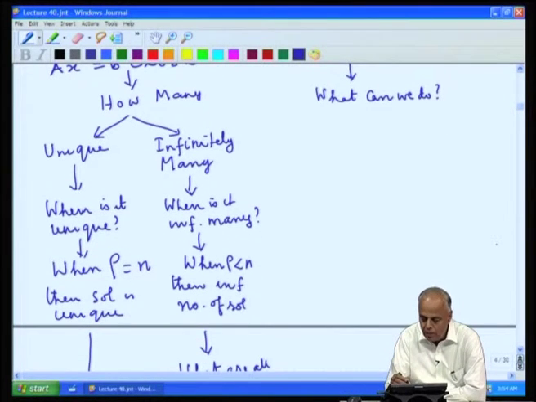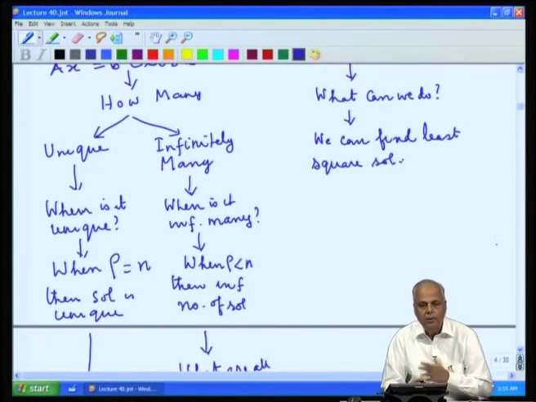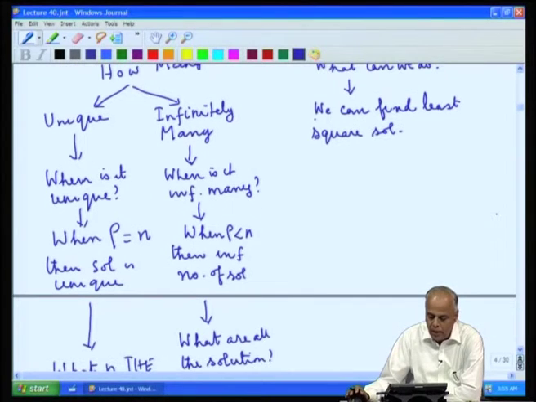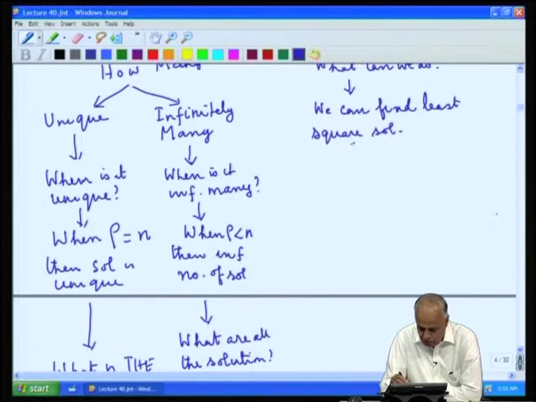So, we said if there is no solution, what can we do? Then we observed that we can find least square solutions, that is solutions which are very close to B and minimize the error. We can get as close to B as possible, and the solution which gives you the minimum error is called a least square solution. Then we ask, if we can find least square solution, how many?